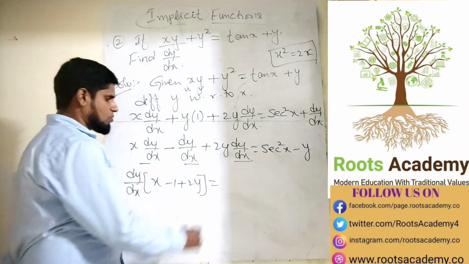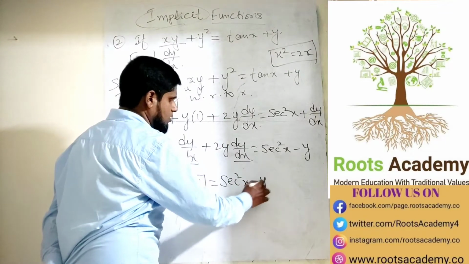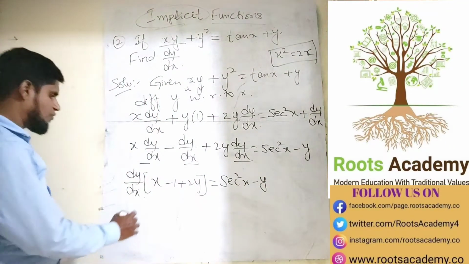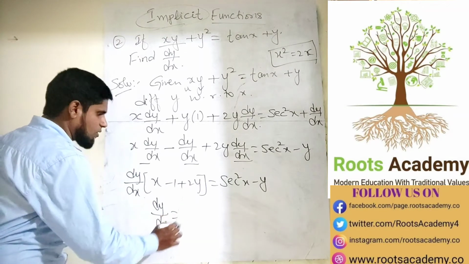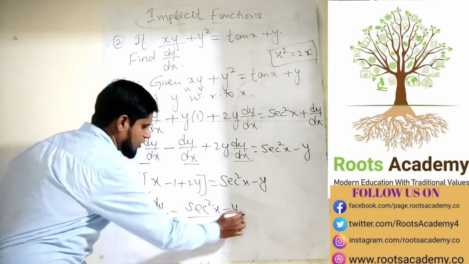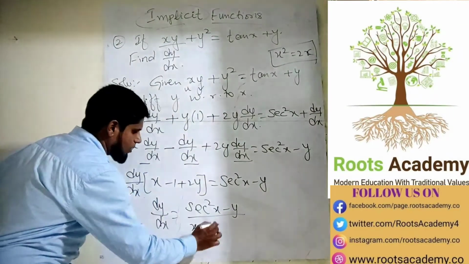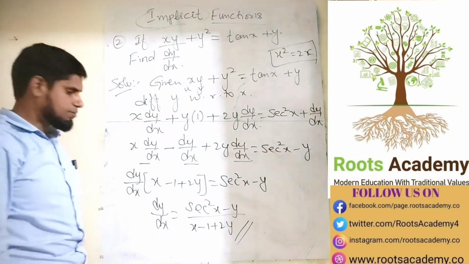This is equal to secant square x minus y. So finally, my dy by dx is equal to secant square x minus y, whole divided by x minus 1 plus 2y. This is the final answer.